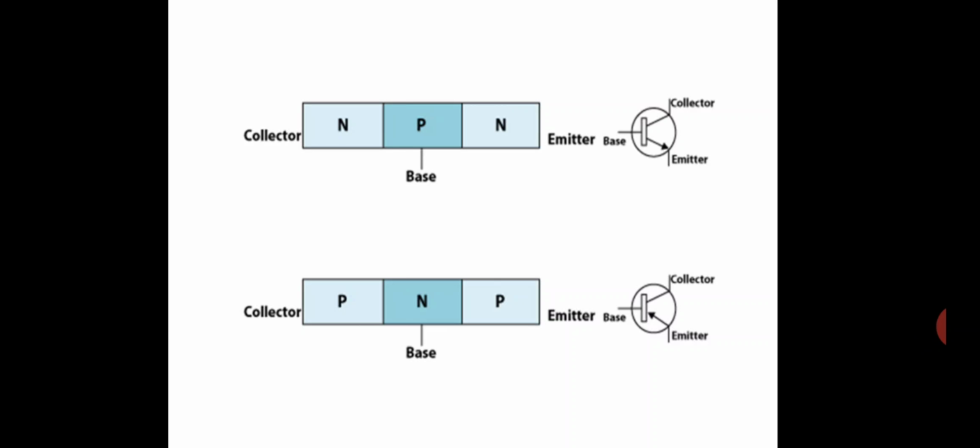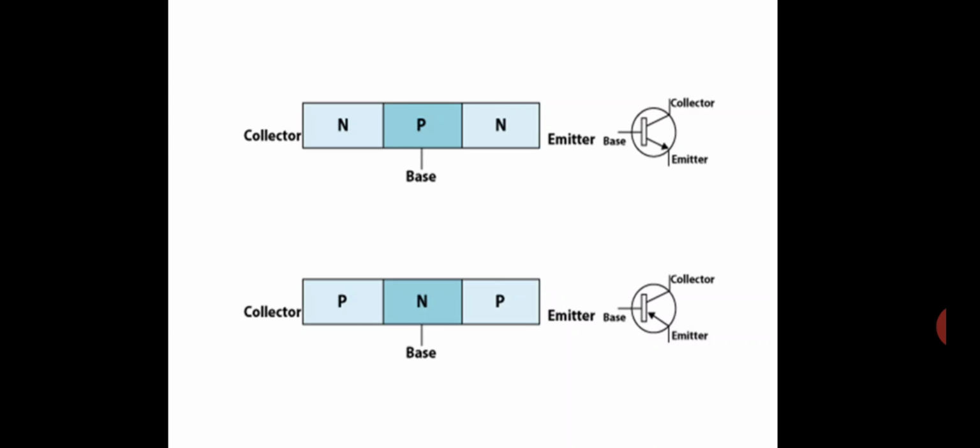The lack of symmetry is primarily due to the doping ratio of the emitter and the collector. The emitter is heavily doped while the collector is lightly doped, allowing a large reverse bias voltage to be applied before the collector base junction breaks down. The collector base junction is reverse biased in normal operation.